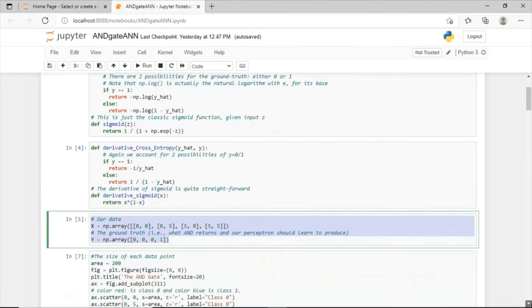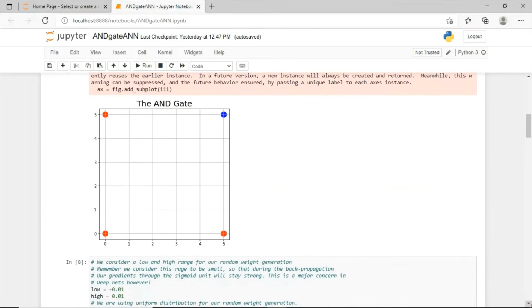And now if we visualize this code, we will get this kind of scenario. So this is the code visualization. Here we are getting two classes, red and blue. This is what we have got after visualization.